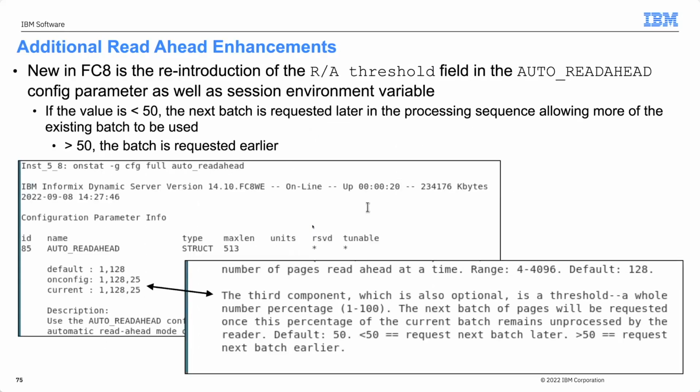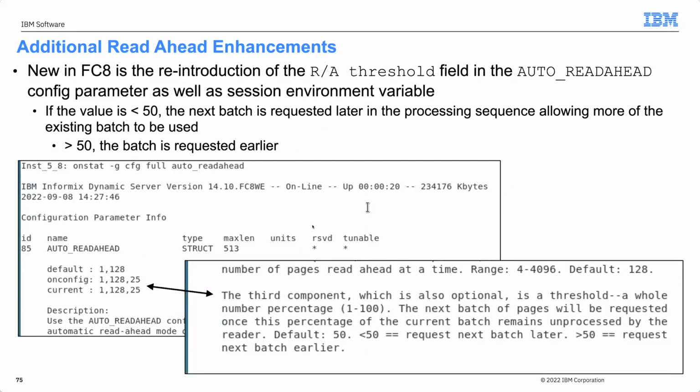We also introduced the Readahead threshold field to the auto Readahead parameter. It is a percentage parameter, and it basically says how much of the Readahead buffer remains unused before I refresh it.